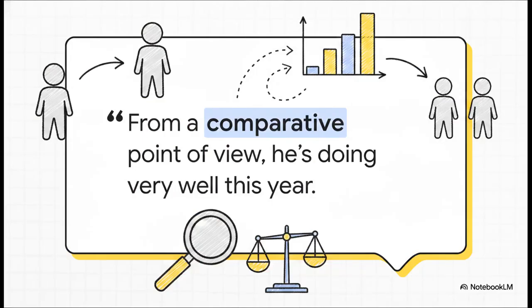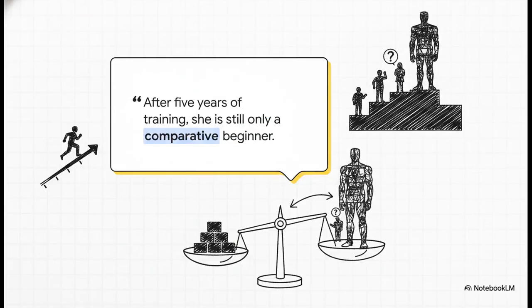Let's take a look at that everyday sense in action. Check out this quote. From a comparative point of view, he's doing very well this year. See, if we just look at him in total isolation, it might be pretty hard to judge how well he's actually doing. But when we evaluate him side by side with others, from a comparative point of view, boom, it's totally clear he's excelling. Now consider the seeming paradox in this next quote.